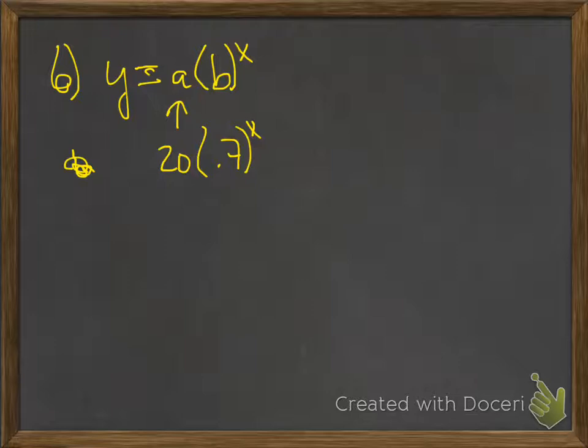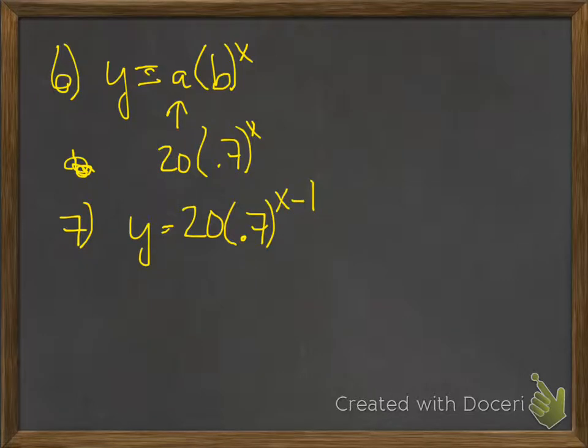Since the patient did not begin taking the medicine until day 1, adjust your function rule by subtracting 1 from the x. So for number 7, they want you to graph this, but since the patient didn't start taking medicine on day 0 and started on day 1, to show this effect we use 0.7 to the x minus 1 power.